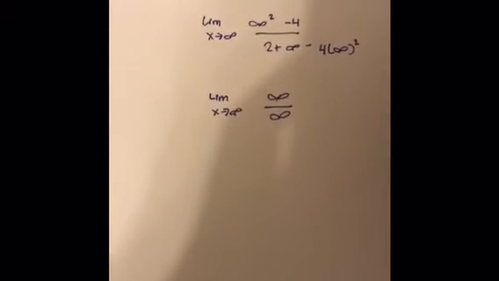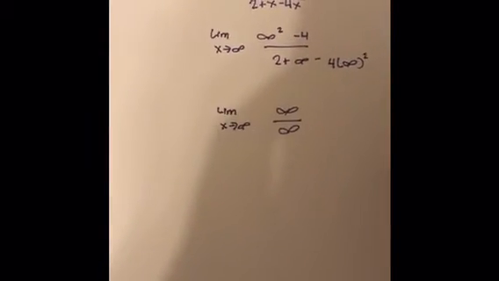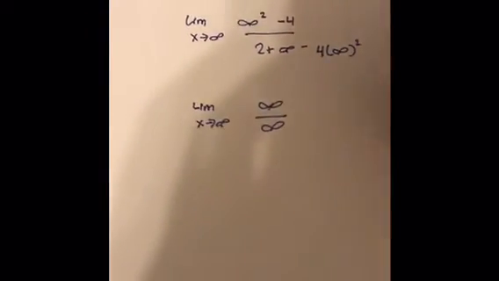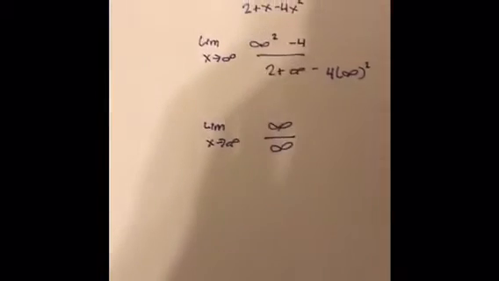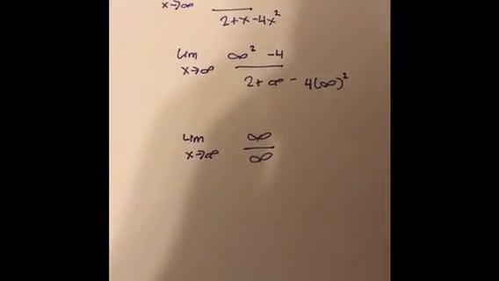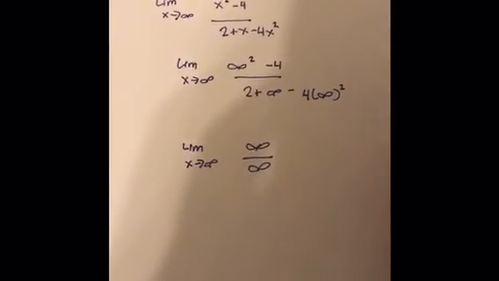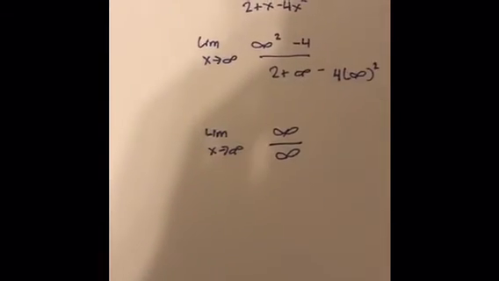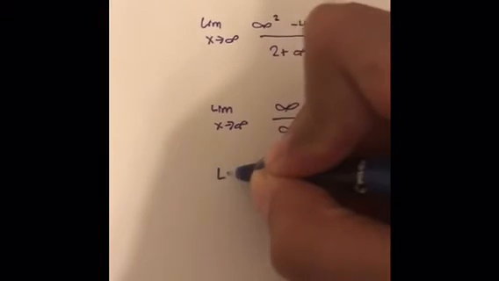As we keep going on, at this point you could either just use L'Hopital's rule or just do it algebraically. But remember, you'll need very strong algebra to be able to do some of these things. I just suggest using L'Hopital's rule because it's easier and it's faster. So let's just do L'Hopital's rule.